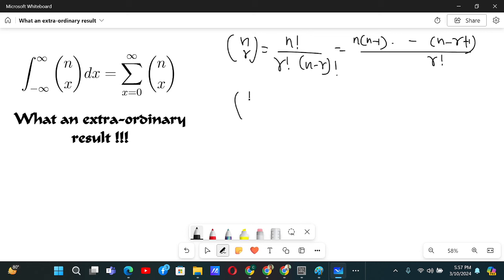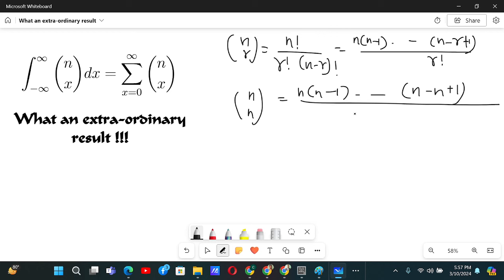Like if you want to find n choose n, that will just be n times n minus 1, and this goes up to n minus n plus 1, since in place of r we have n itself, divided by n factorial. So this is n factorial by n factorial, so n choose n is 1.